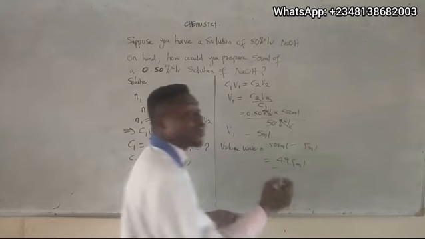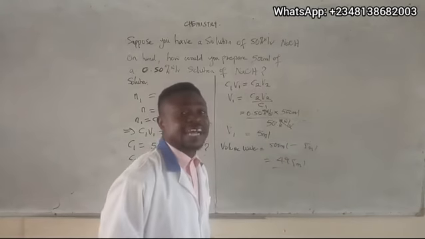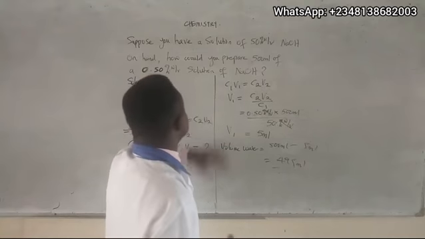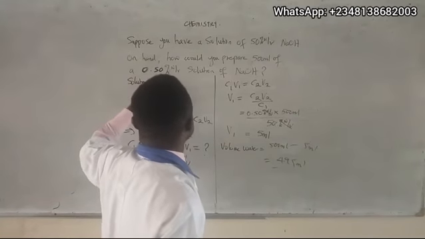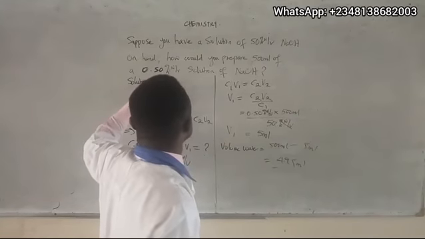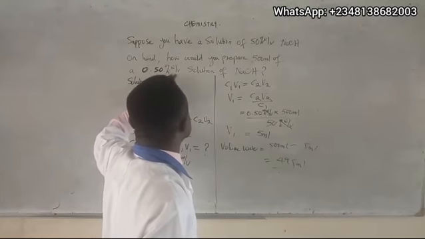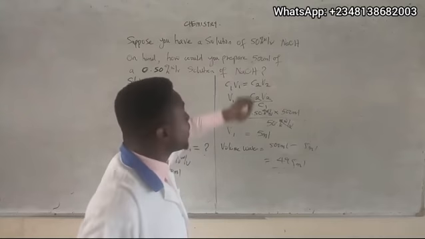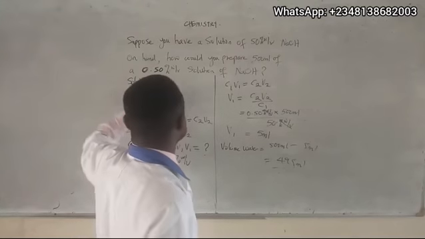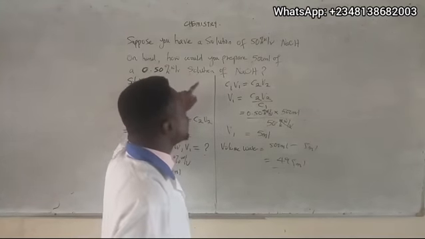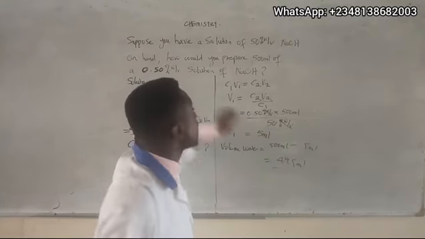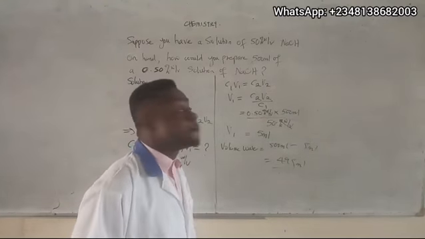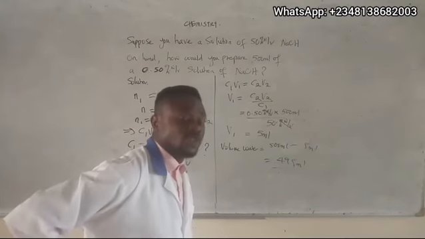So the volume of water you actually added will be around 495 ml. This is how to prepare 500 ml of 0.50% weight per volume solution of sodium hydroxide from 50% weight per volume sodium hydroxide.